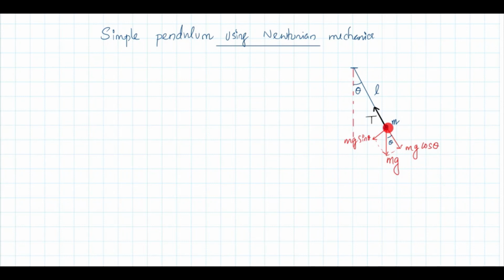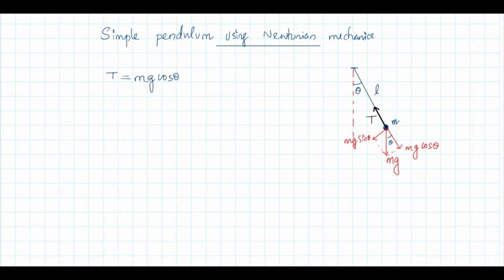Since the length L of the string is fixed, there is no motion along the direction of the string. So in that direction, the forces should balance. I can write T is equal to mg cos theta.